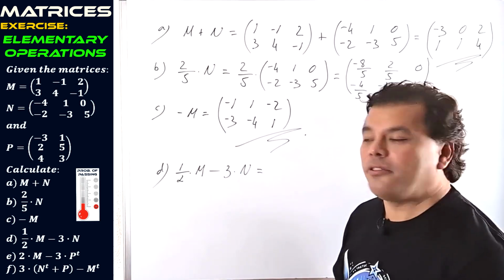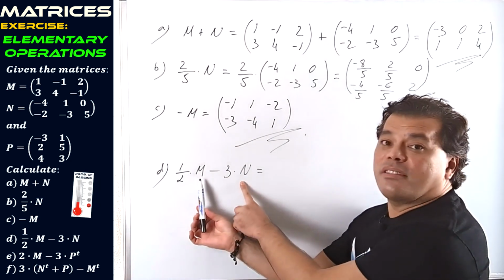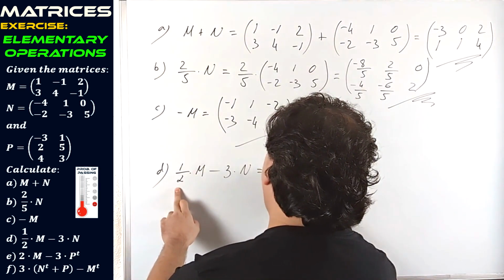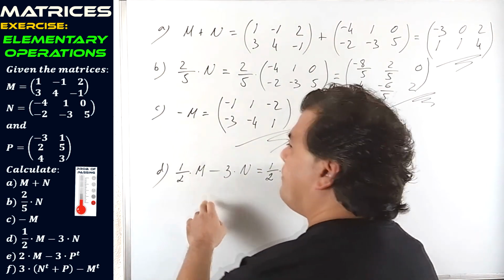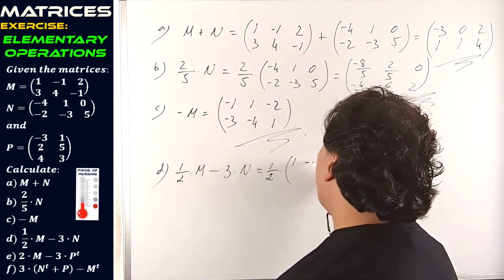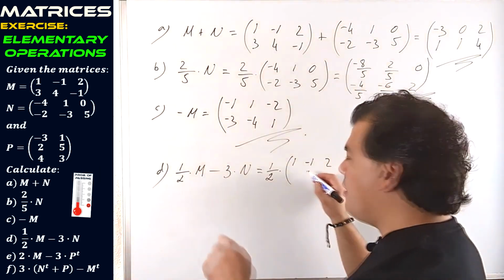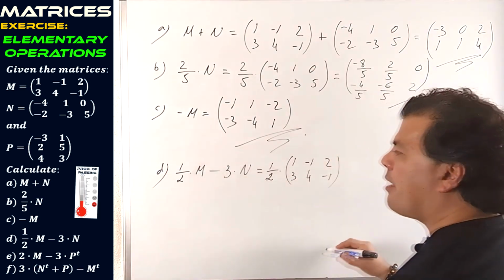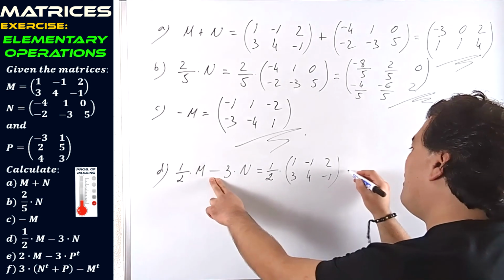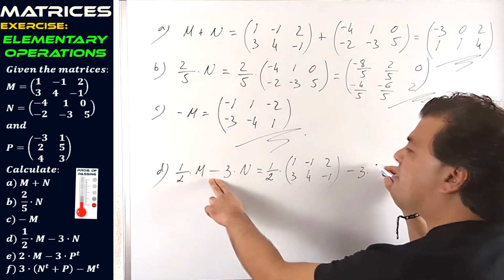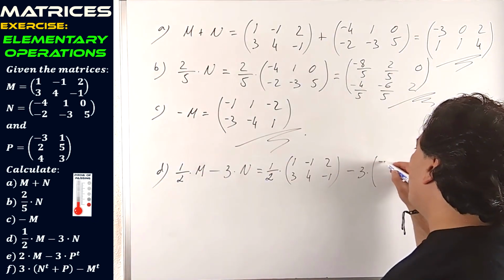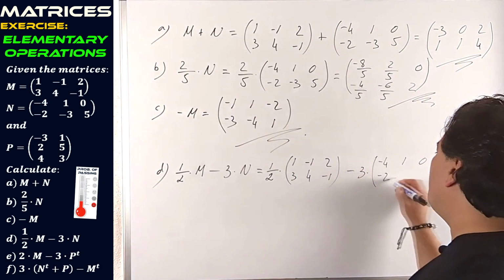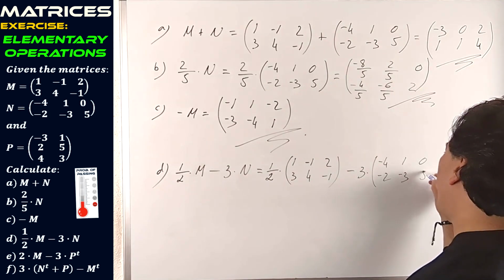The first thing we're going to do is to bring matrices m and n. 1/2 multiplying matrix m: 1, negative 1, 2, 3, 4, negative 1, and we subtract 3 times matrix n: negative 4, 1, 0, negative 2, negative 3, 5.